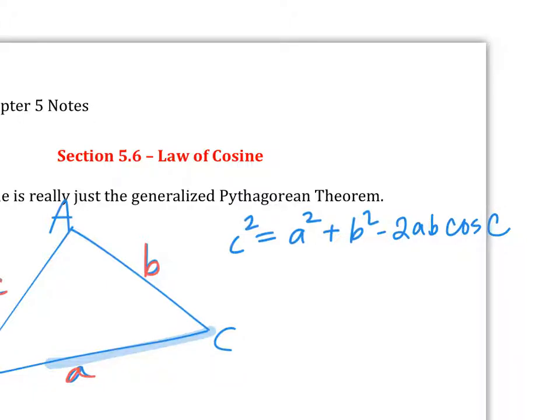All right, so let's say that your formula changed a little bit. B squared plus A squared, I'm sorry, that's going to be exactly the same. A squared plus C squared. What do you need to subtract out? So B squared is equal to A squared plus C squared and then minus what?